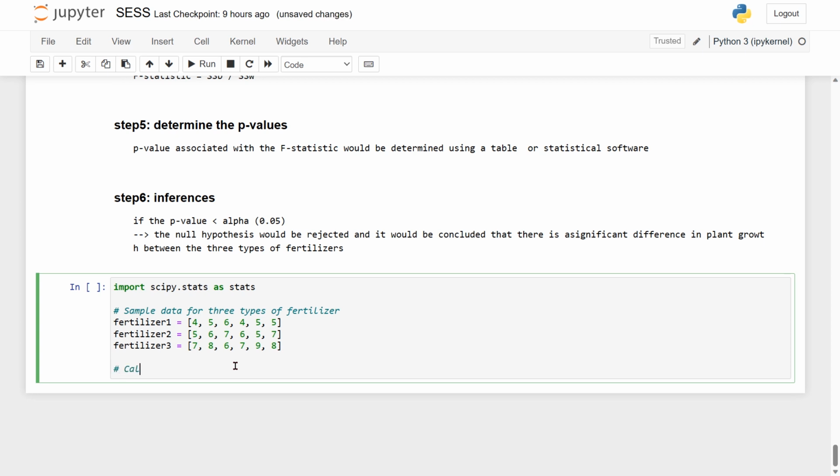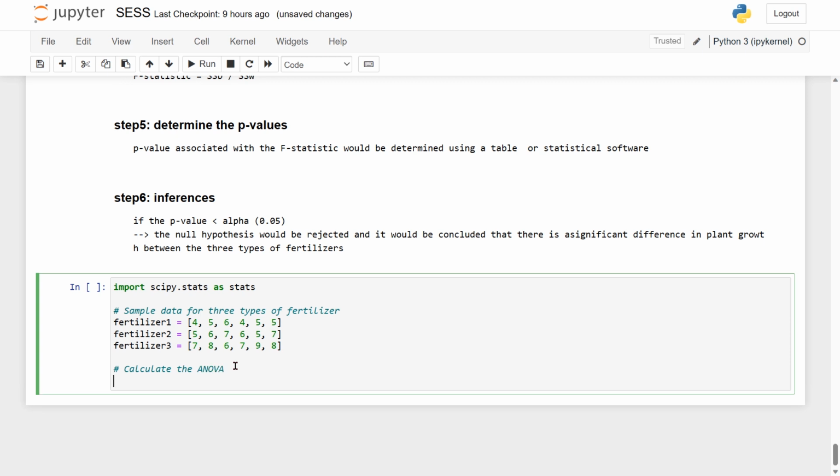Now let's directly put it into the ANOVA. So calculate the ANOVA. What do we want? The F value first, and then the P value. These are the two we want, nothing else. From stats I'm going to call the f_oneway method. We are doing one way ANOVA.